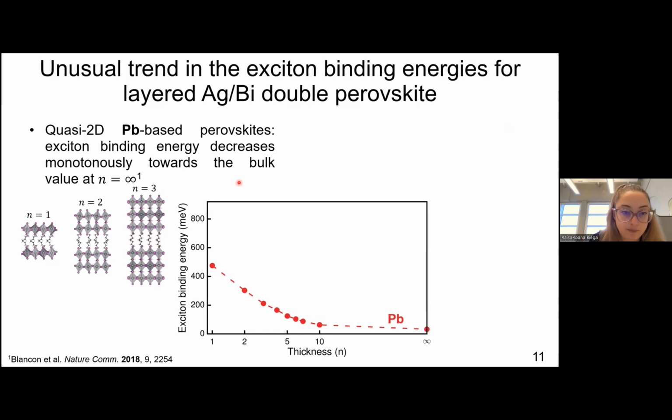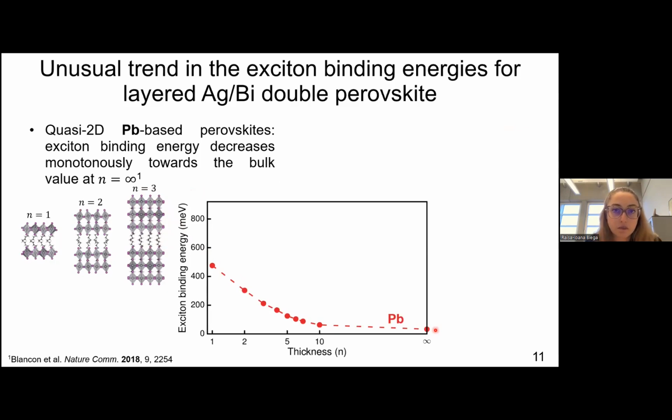So as you increase the number of inorganic layers that are sandwiched between the organic cations, your system approaches the bulk limit and the 3D limit, and therefore the exciton binding energy decreases and it saturates at some point towards the bulk value.